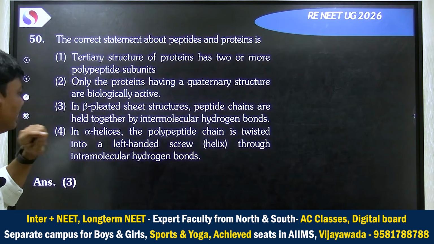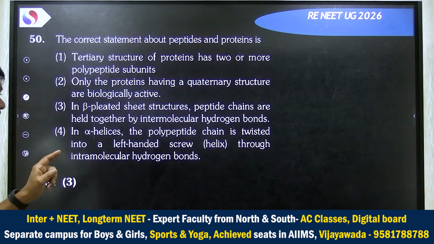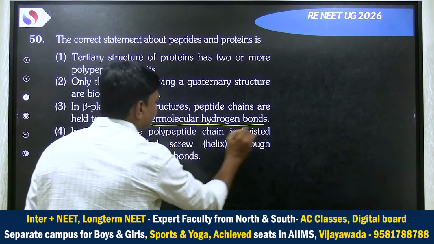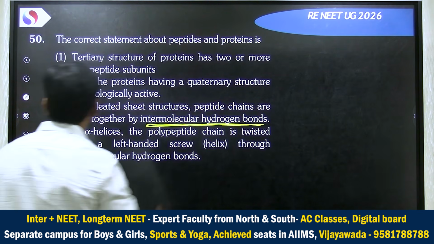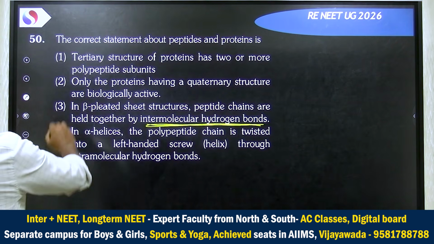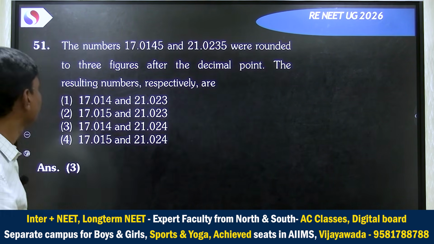Second one is: only the proteins having a quaternary structure are biologically active. Third one is: in beta pleated sheet structure, peptide chains are held together by intermolecular hydrogen bonds. It is an important point in biomolecules, peptides and proteins. So it is the correct option, the third one. Okay. So next question 51.